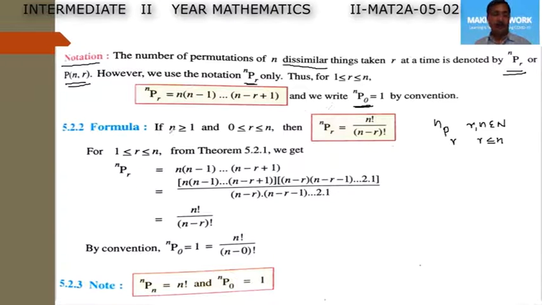Now let us see the formula which gives the value of this nPr. So here we have nPr is equal to n into (n minus 1) into (n minus 2) and so on up to (n minus r plus 1).